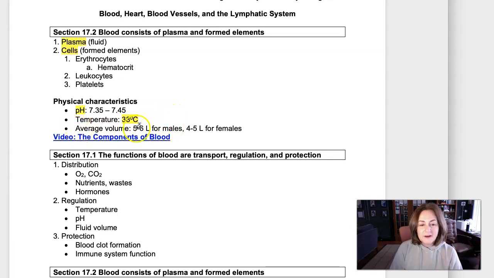And then as far as an average volume, we do have a finite amount of blood. That's an important thing to keep in mind. So there's not an infinite amount of blood. We have this finite amount, and it differs for males and females just based on average differences in body size. So you can see on average we have about 5 liters of blood.